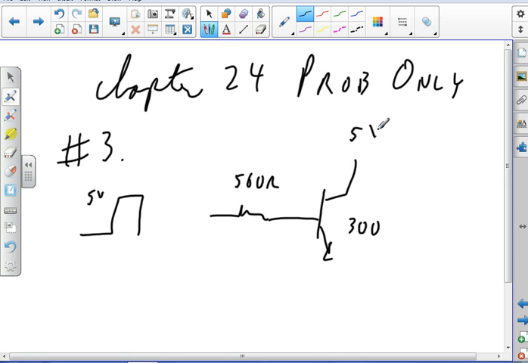And I got 5 volts sitting there, and a resistor, 3.3k ohms. Right. So what do you think? We've got some gain.